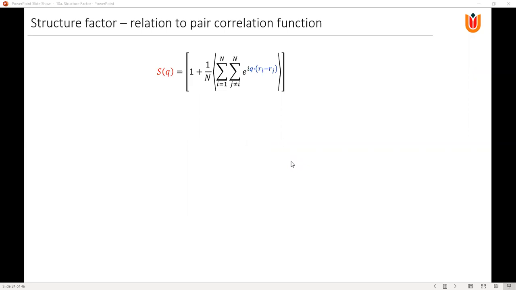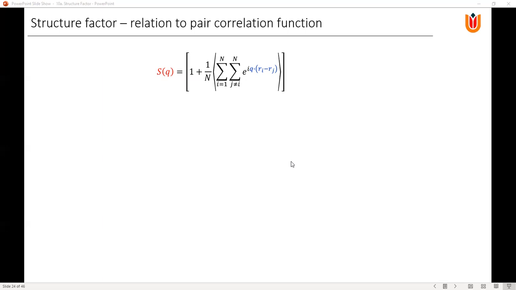Q is the geometry vector that describes the difference between the incident wave vector and the outgoing wave vector towards the detector, so basically the angle under which we are looking at the system. R_i and R_j are the positions of the particles. You can see that there's also a difference vector, so it signifies that the exact position of the particles is not so important. It only matters how far they are separated.